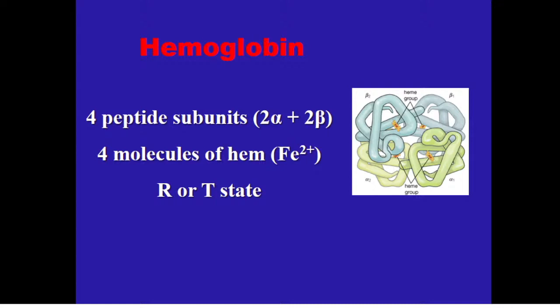The 4 peptide subunits are represented by 2 alpha and 2 beta subunits. The beta subunits are the same in primary and secondary structures, and the alpha subunits are equal to one another, but beta and alpha subunits are different from one another in primary structure and of course in secondary and tertiary structure.